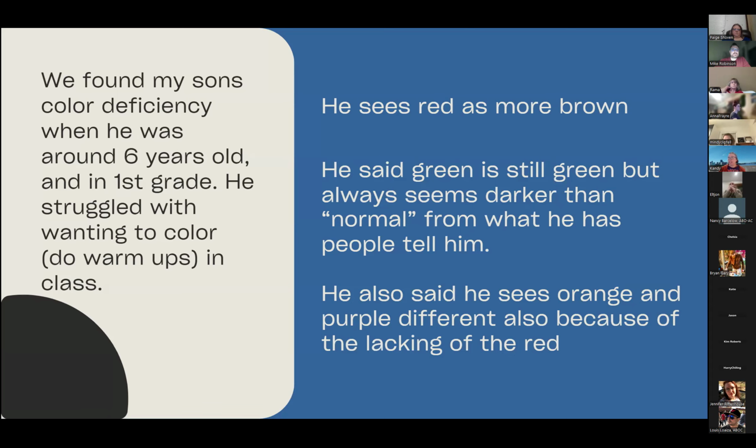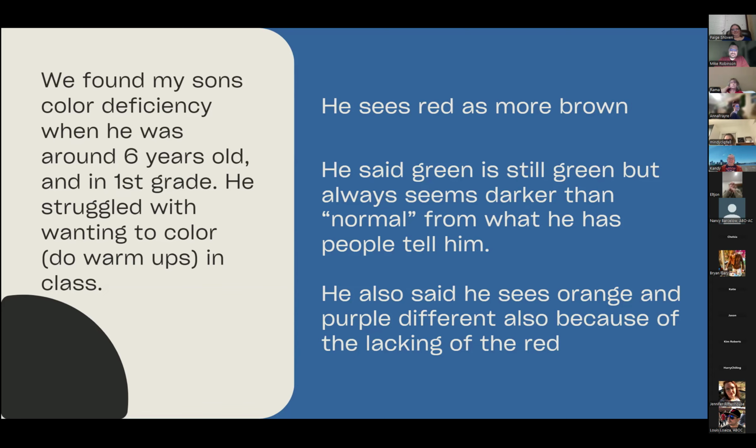He did not do one coloring project the whole time in kindergarten. So we did some testing, and turns out he is red-green colorblind. The way he made it sound, his crayons all looked like the same color. So he's like, why do I want to color a picture that's all the same color?